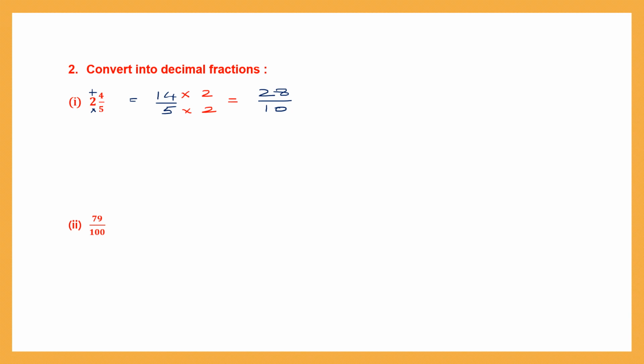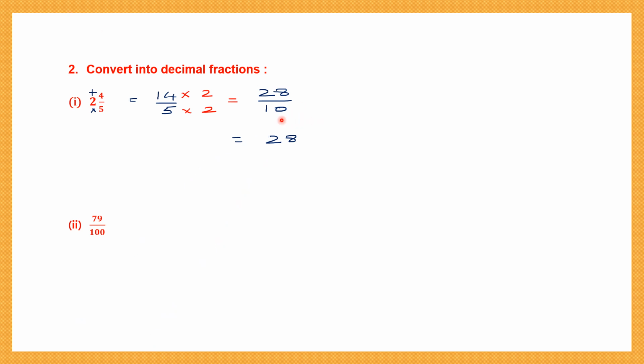Now whenever your denominator is 10 or a higher power of 10, that means 10, 100, 1000, 10,000, etc., then it's very easy to get your decimal fraction. So now what we are going to do is write only 28, okay? Only 28 as a whole number. Now look at your denominator and see how many zeros there are.